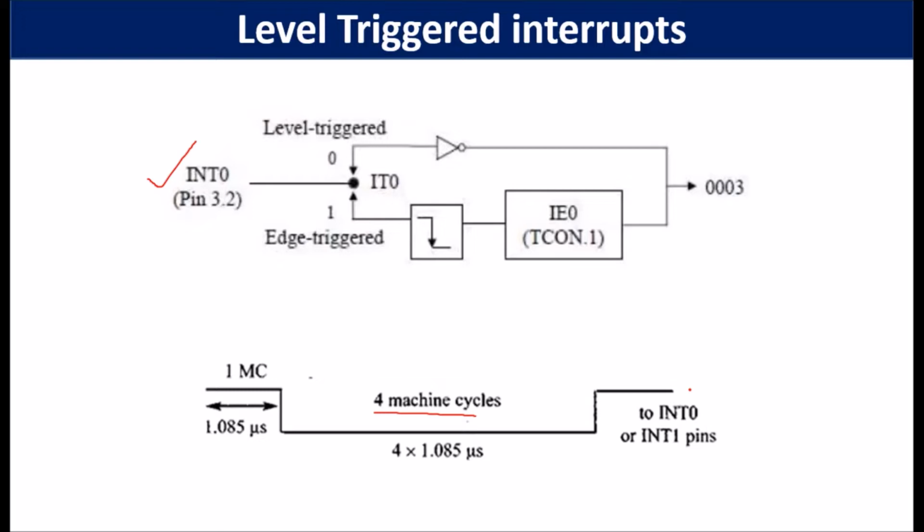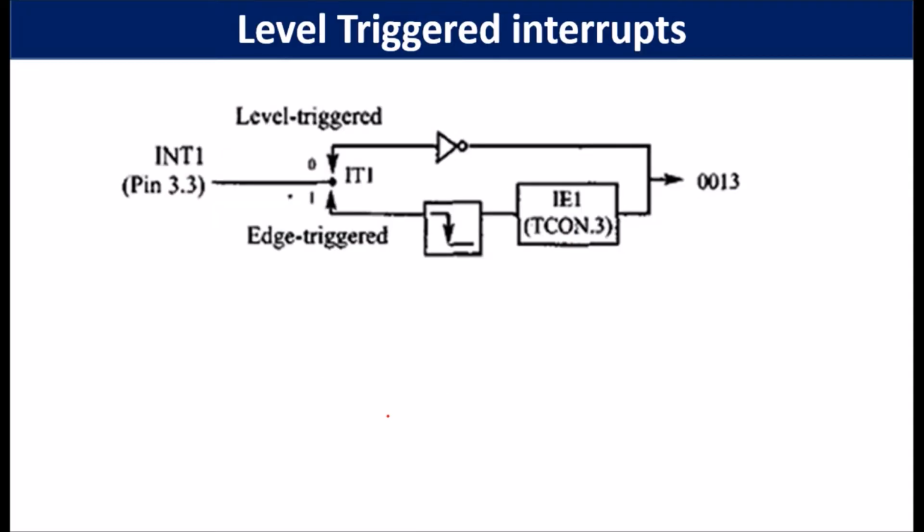We have to pull the INT0 and INT1 pins to logic 0 for at least 4 machine cycles. The same applies for INT1, that is at pin P3.3, for the level triggered interrupt. Here the ISR address is 0013H. Now this is the register we are going to use, that is the interrupt enable register.